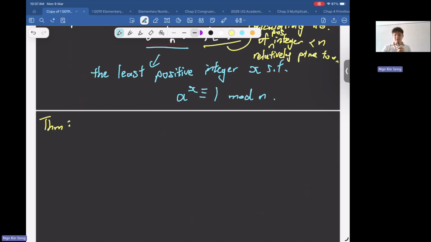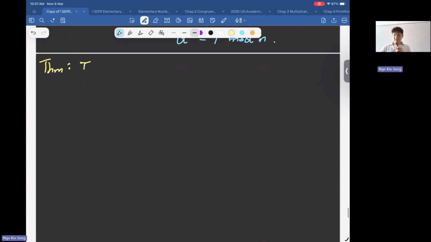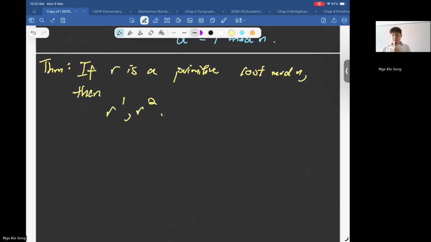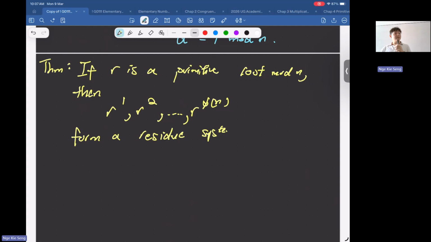If r is a primitive root mod n, and you go through all the powers of r before phi n, then you will form a reduced residue system. What does a reduced residue system mean again? These are just all the integers that are relatively prime to n, which the Euler phi function counts.